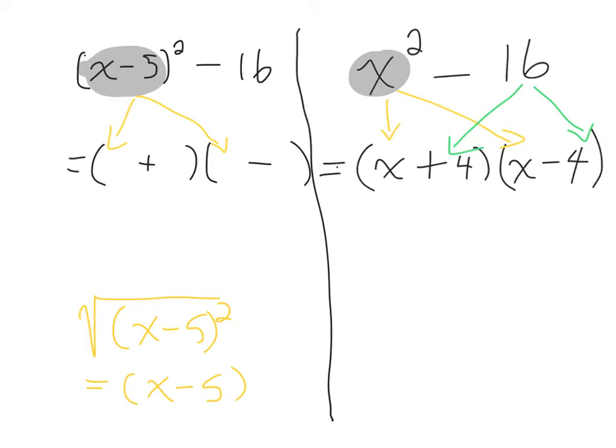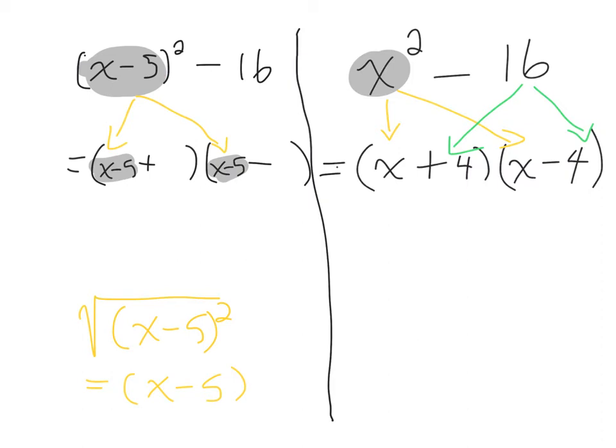I don't even leave myself a whole lot of room here. x minus 5, and then x minus 5. There I go. And again, this little bit here is representing the square root of x minus 5 all squared.